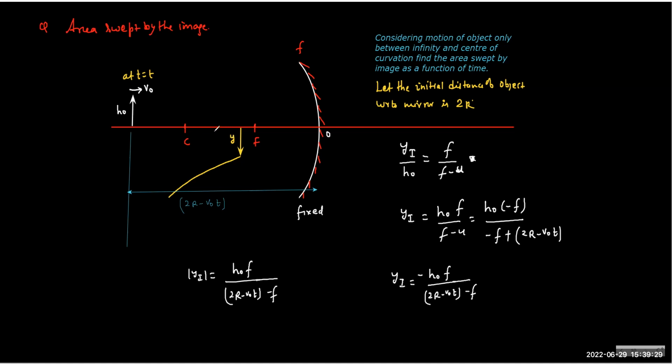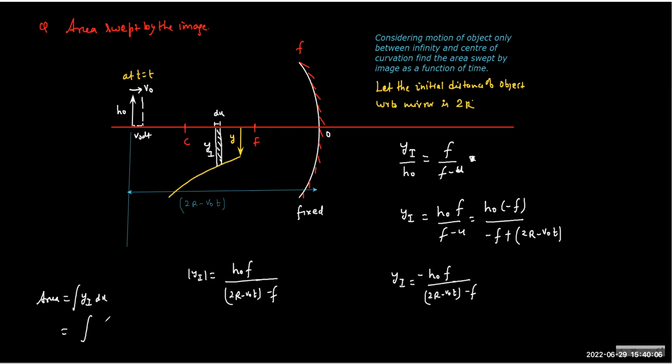So in time dt, this will travel by v naught dt. So the area under the curve, we know if at initial this is y, so this is dx. So the area is yi dx, and you just write the yi value.